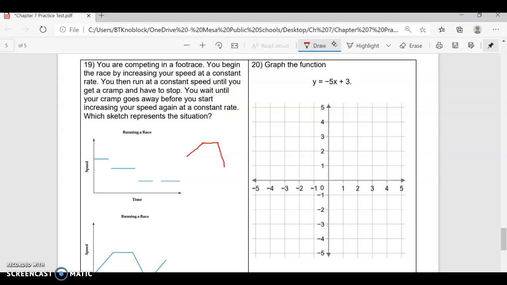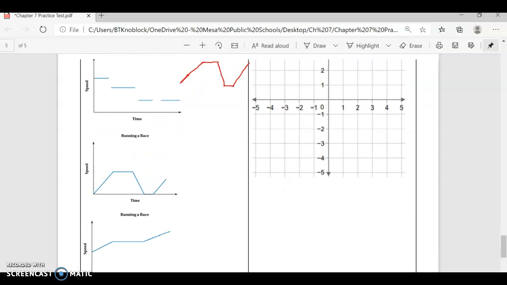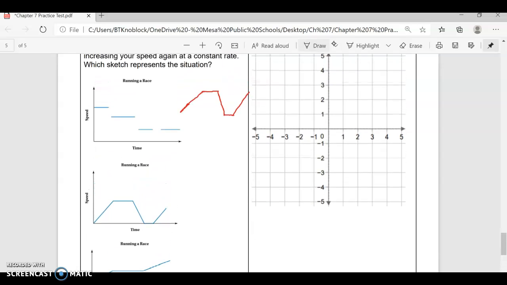So you're waiting, not increasing. And then once it's gone, it says you start increasing your speed up at a constant rate again. So going up. I guess we start lower. So we're going to look for a graph that looks like that. So I would say it's going to be the second graph.